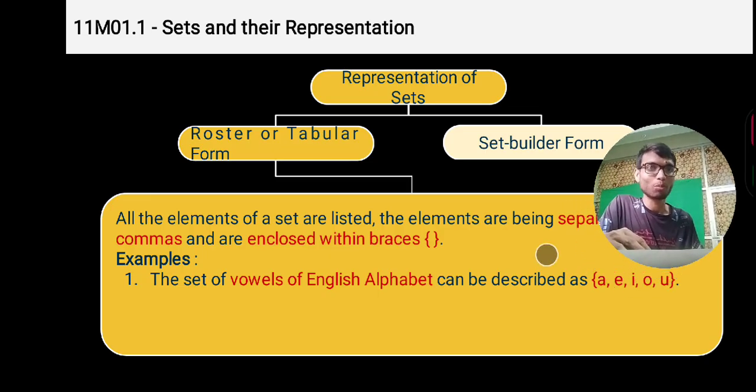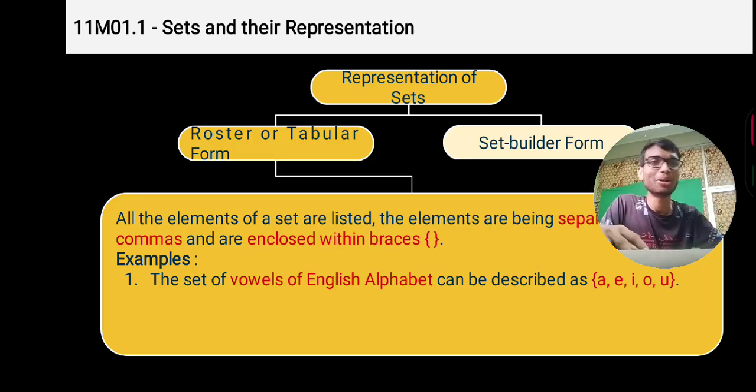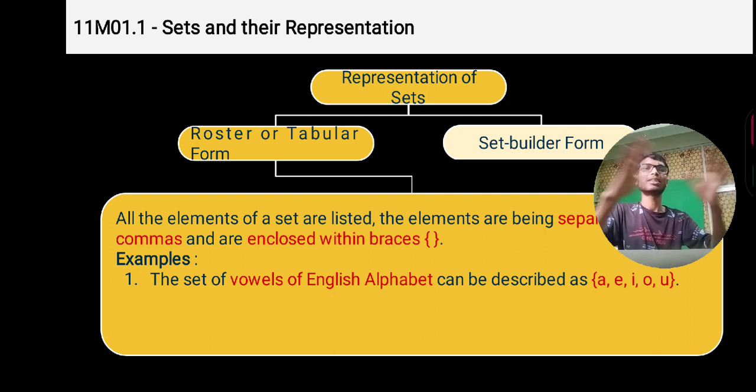Set builder form. Now here try to understand. So here, is the meaning of this and the meaning of this different? No, both are the same. In terms of meaning, both are the same.